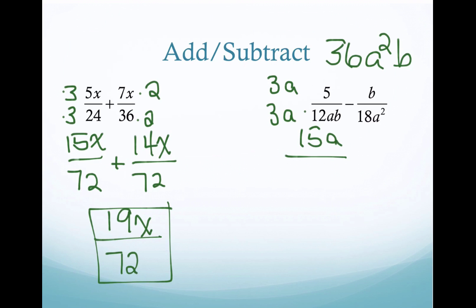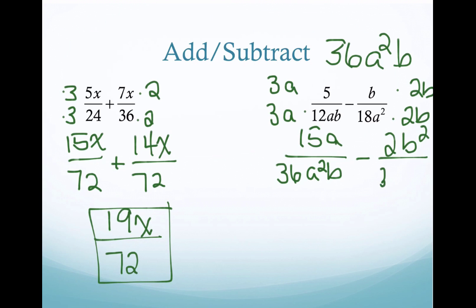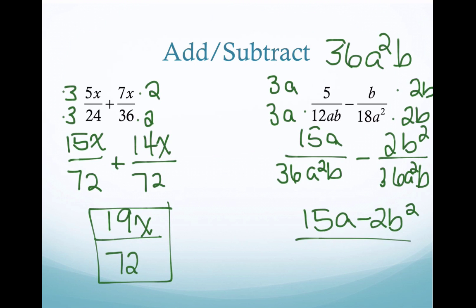So I have 15a over 36a squared b minus 2b top and bottom. So 2b squared over 36a squared b. 15a and negative 2b squared aren't like terms, but I can simplify this by having it as one fraction. 15a minus 2b squared over 36a squared b.